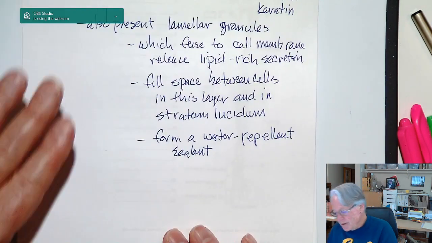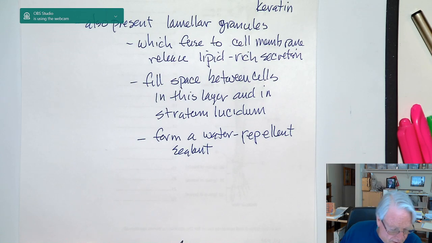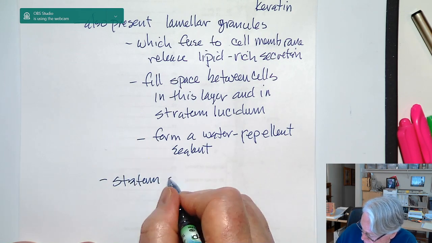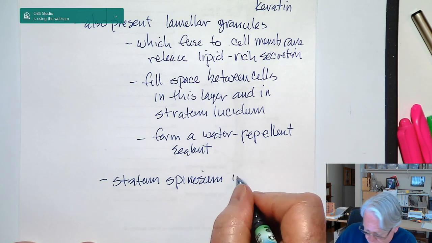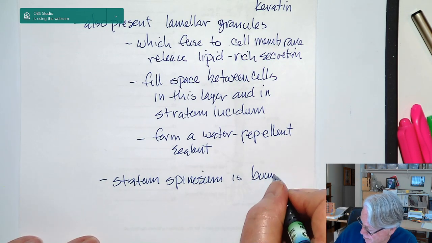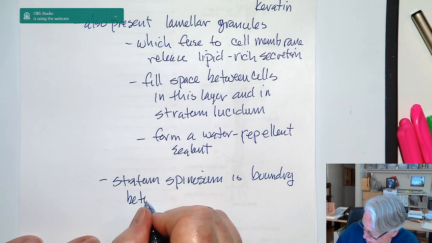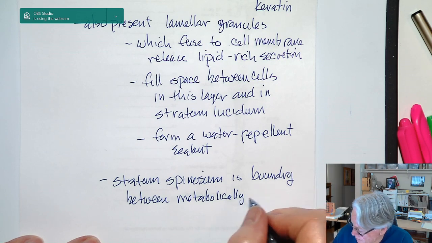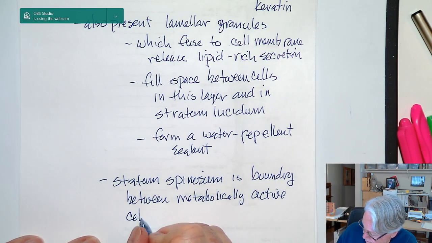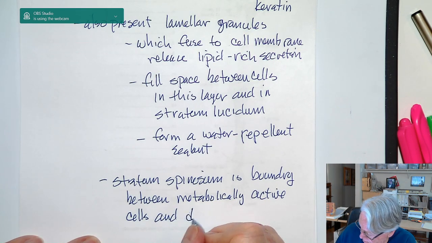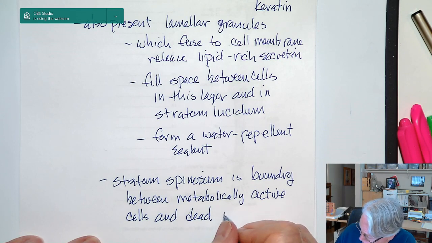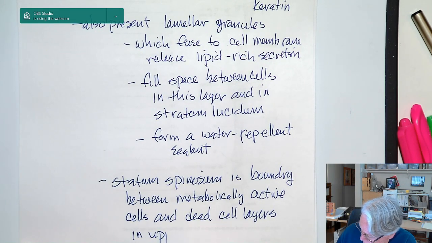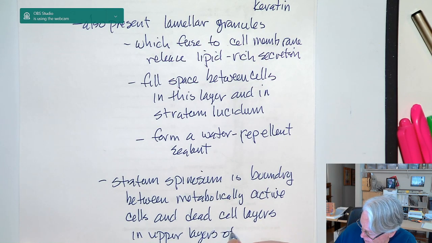Okay. This layer, the stratum spinosum, is the boundary between metabolically active cells, that is living cells, and the dead cell layers in the upper layers of the epidermis.